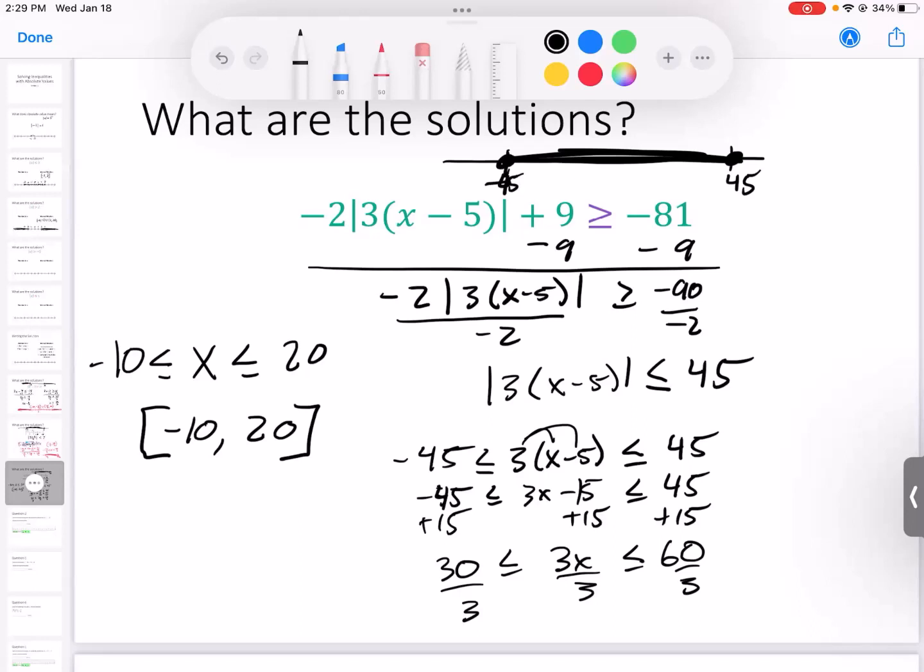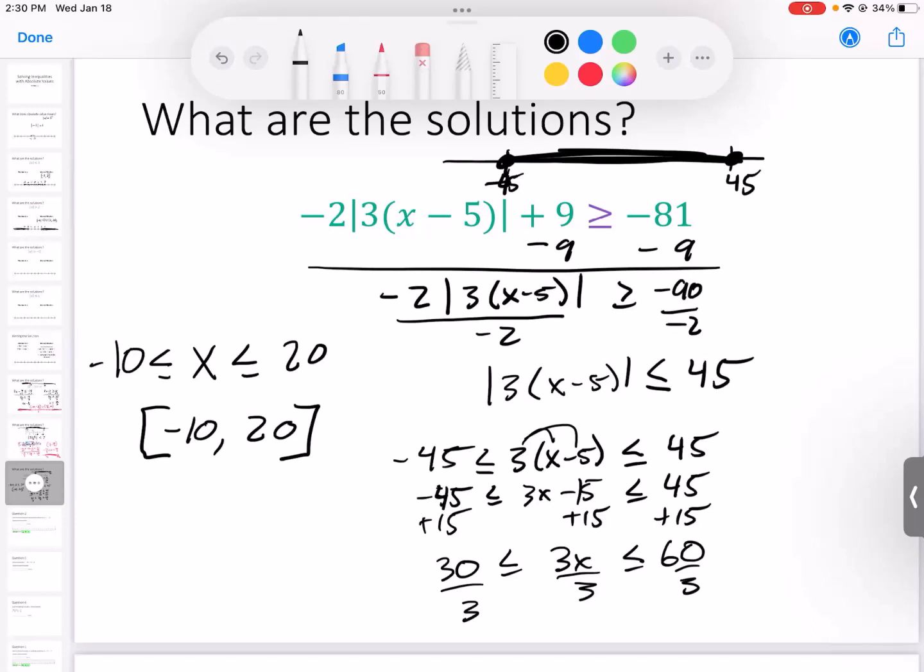So this number line process of saying, what could I have in the absolute value that would be less than 45? That's that number line. From here to here, that process is getting rid of absolute values. So as long as you didn't try to add 15 before the absolute values were gone, you would be just fine.